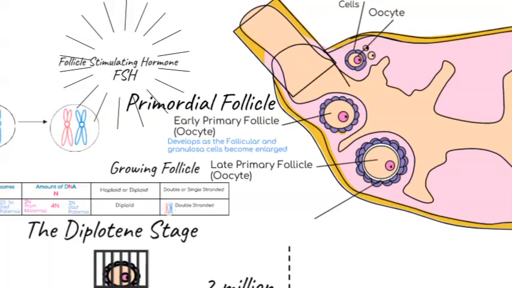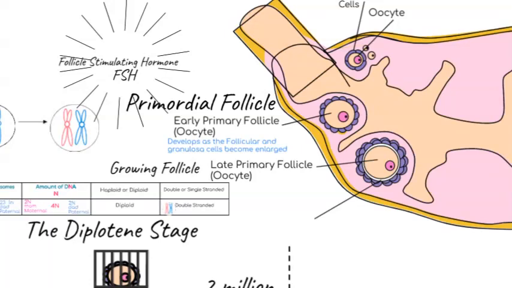And at this stage, it is called primary ovarian follicle or primary follicle. All right, so we went from primordial follicle to a growing follicle to a primary ovarian follicle or just primary follicle. With me so far?